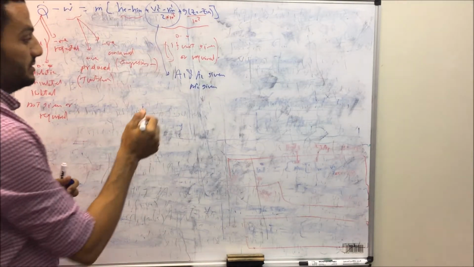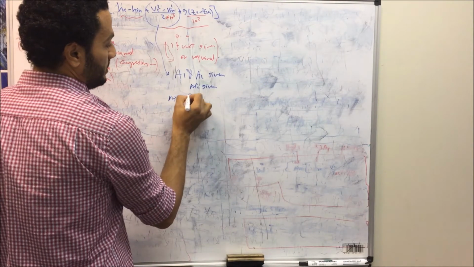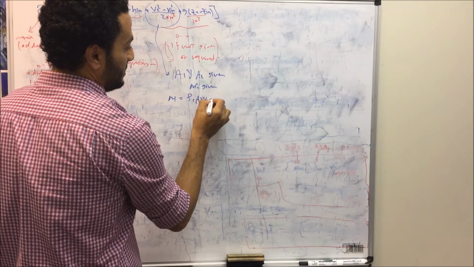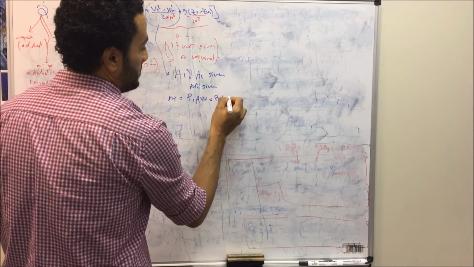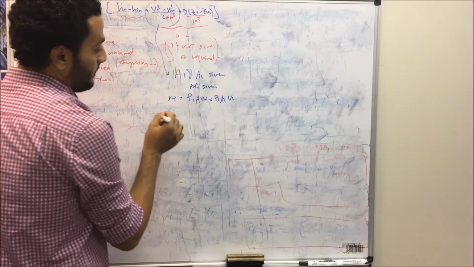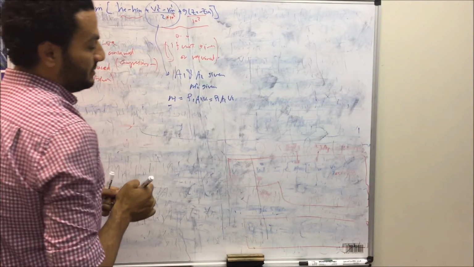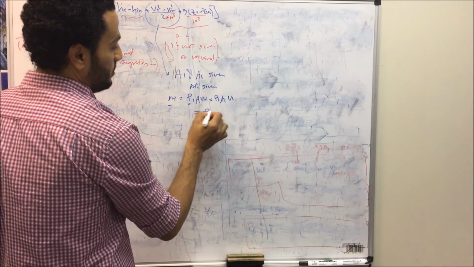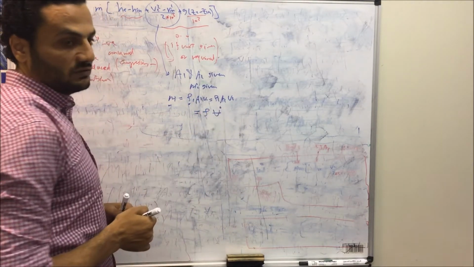In this case we can say m dot equals rho 1, with inlet as 1, times A1 times V1, equal to rho 2, with exit as 2, times A2 times V2, equal to m dot. We have the mass flow rate given, and we can also calculate the density. This term is equal to density multiplied by the volumetric flow rate.